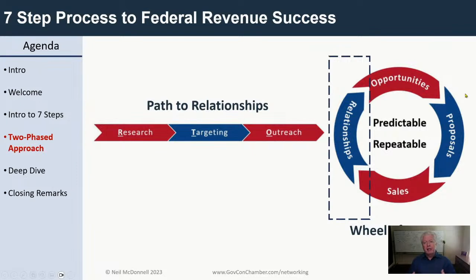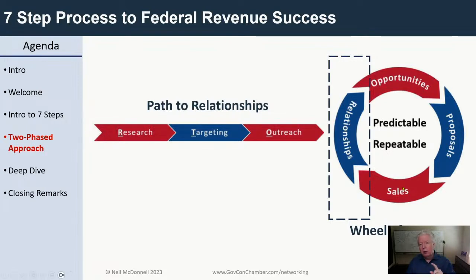These are proposals that are guaranteed to win with the government. It doesn't mean they're going to select you, because there might be 3 or 4 companies that submit winning proposals, but at least you're not submitting a losing or non-compliant proposal, right? So you want to submit winning proposals. And when you submit enough winning proposals, you're going to win sales, or land contracts.